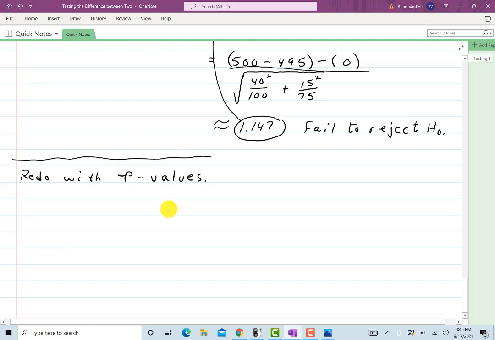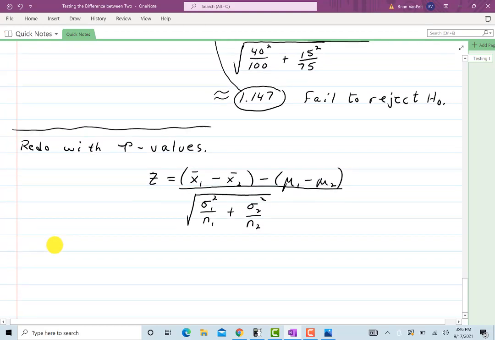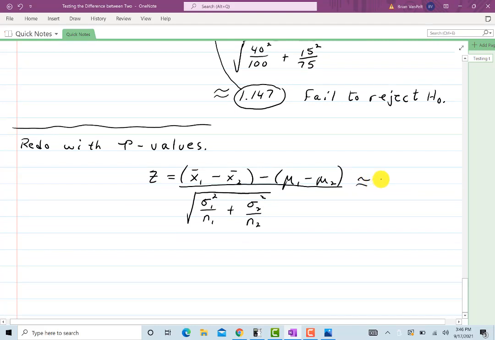So we have our z equal to x1 bar minus x2 bar minus mu1 minus mu2, all over the square root of sigma1 squared divided by n1 plus sigma2 squared divided by n2. I put in all of our numbers up top, and this came out to be approximately 1.147. Of course, you could use more decimal places if you would like. Let me show you why that would be useful.